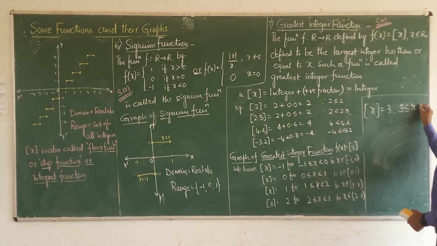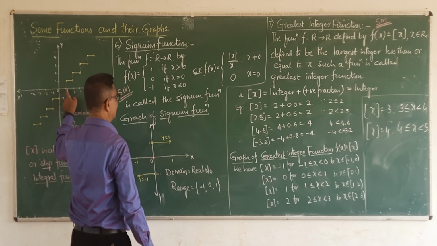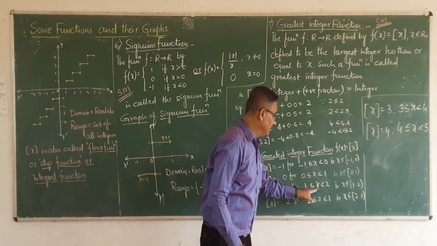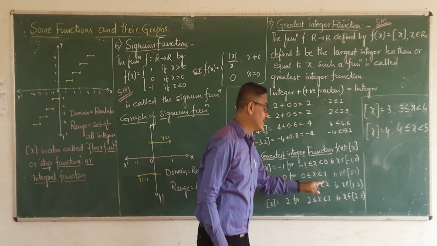Okay, so now the graph of the greatest integer function. Draw the graph: x-axis and y-axis, right side positive numbers, left side negative numbers, upward direction positive numbers, downward direction negative numbers. Now take them one by one. [x] = 1 for 1 ≤ x < 2.